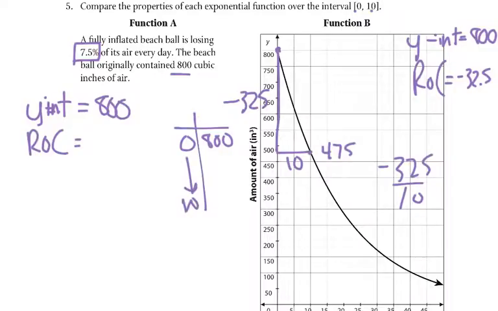Okay, and we're timesing it by 0.075 each time. So I could just type that in my calculator, or I could make a formula and go y equals 800, my starting point, times my rate, 0.075, to the x. And then instead of x, put 10. And that would be an easier way. So I turn it into an equation to help me out. 0.075 to the 10th plus 800.